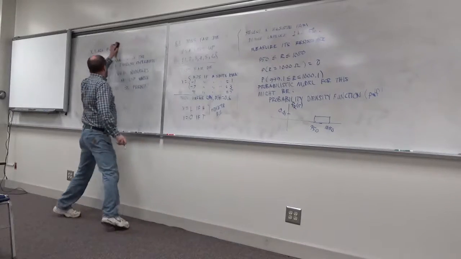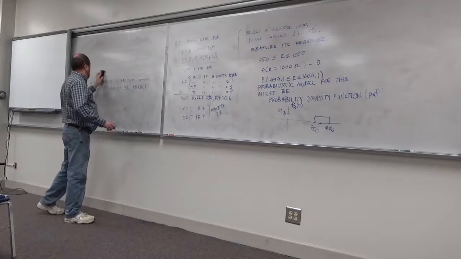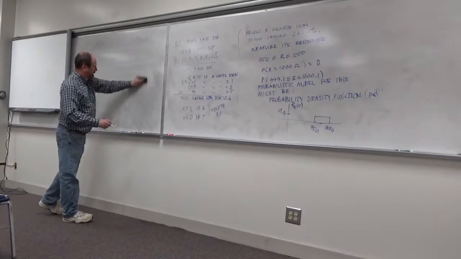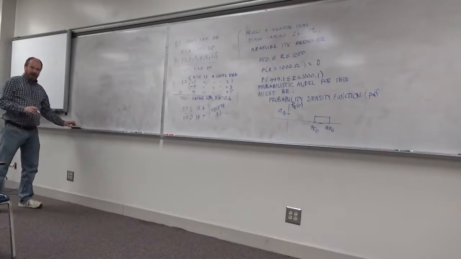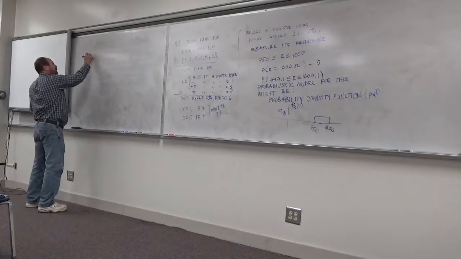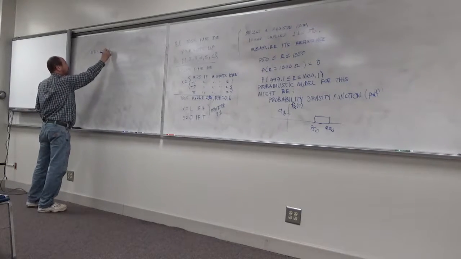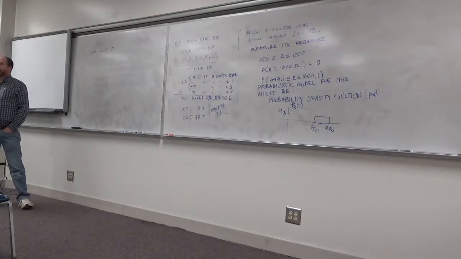And in the interest of confusing you thoroughly, even more thoroughly, I want to draw a distinction here. This is really fun, especially with seniors and graduate students. If I were to say, what is the probability that R is 1,000? You all know that that is 0, right? Okay.